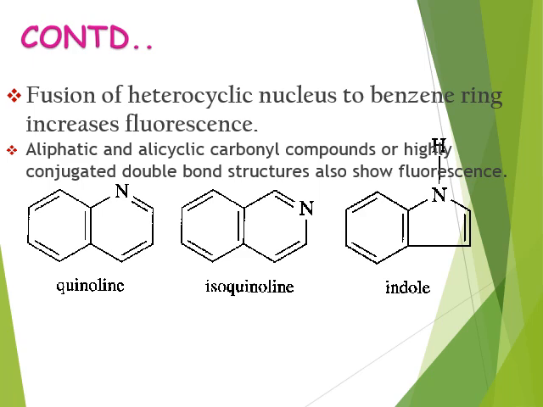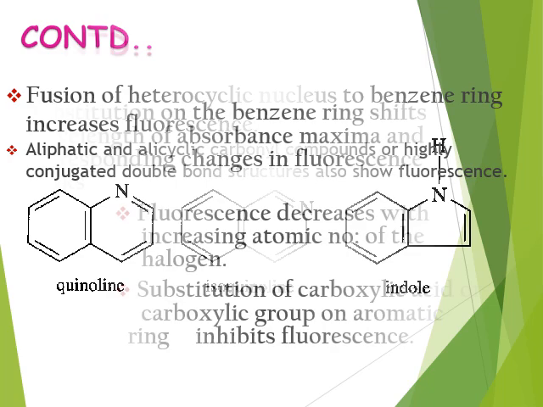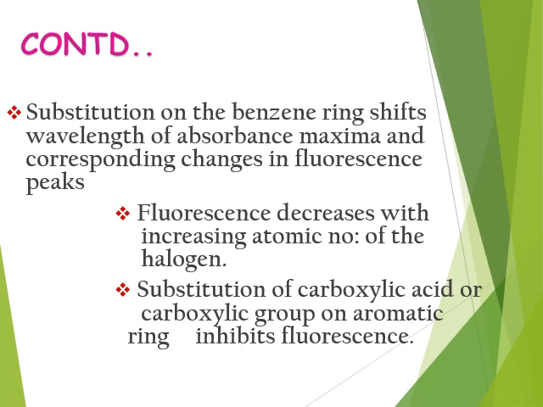Aliphatic and alicyclic carbonyl compounds or highly conjugated double bond structures also show fluorescence. Substitution on the benzene ring shifts the wavelength of absorption maxima, with corresponding changes in the fluorescence peak.